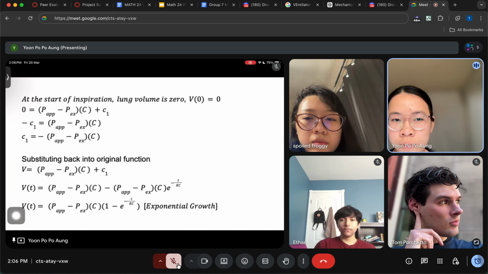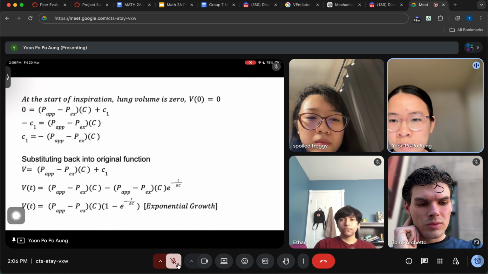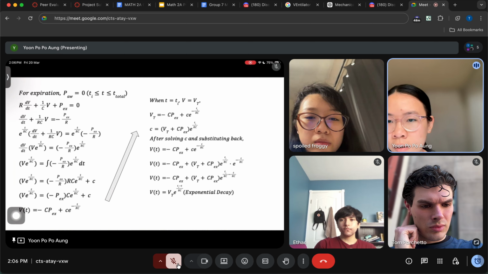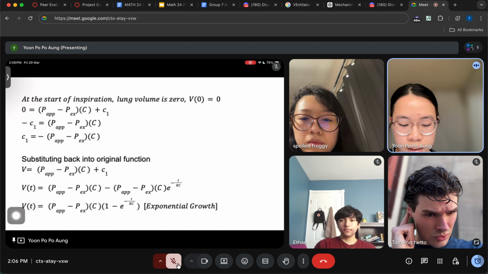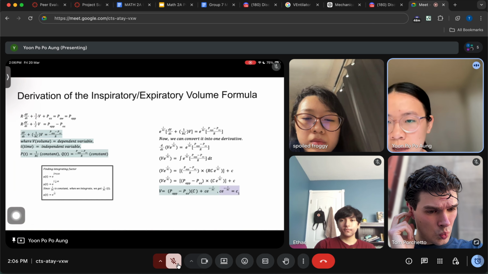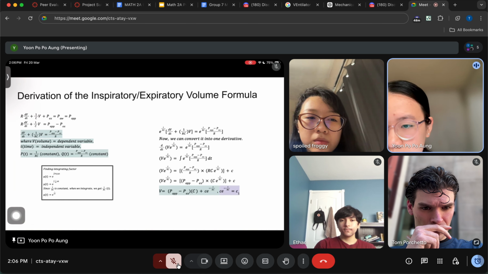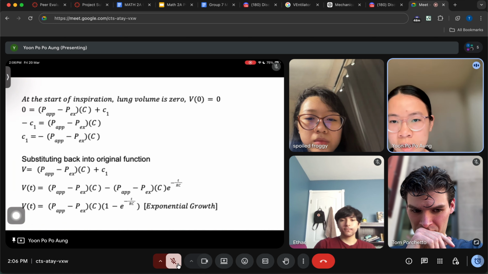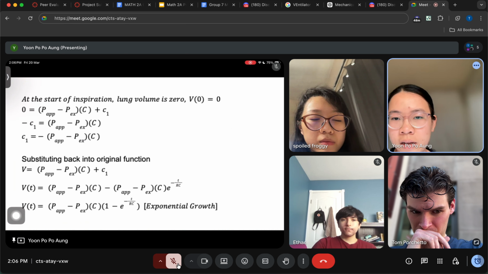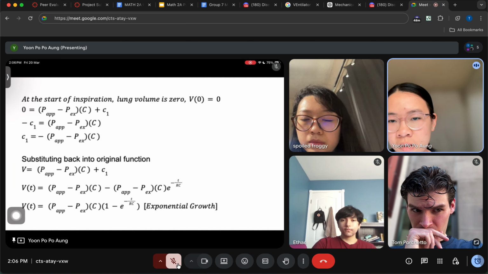C1 here means that in the earlier slides, C1 is equal to C times e to the power of minus t over RC, and we just represent that by using C1.